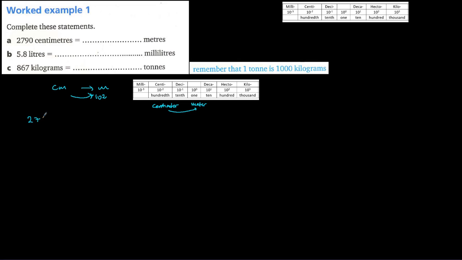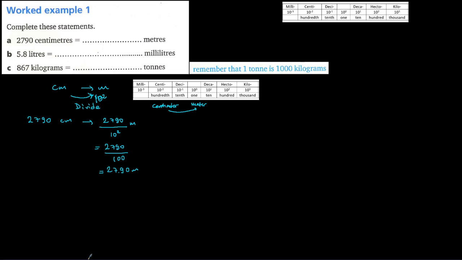So 2790 centimeter is going to be 2790 divided by 100 meter, which I can also say is 10 to the power of 2 meter, and that's equal to 27.90 meter. Again I'm repeating, we divide when we convert smaller to bigger.